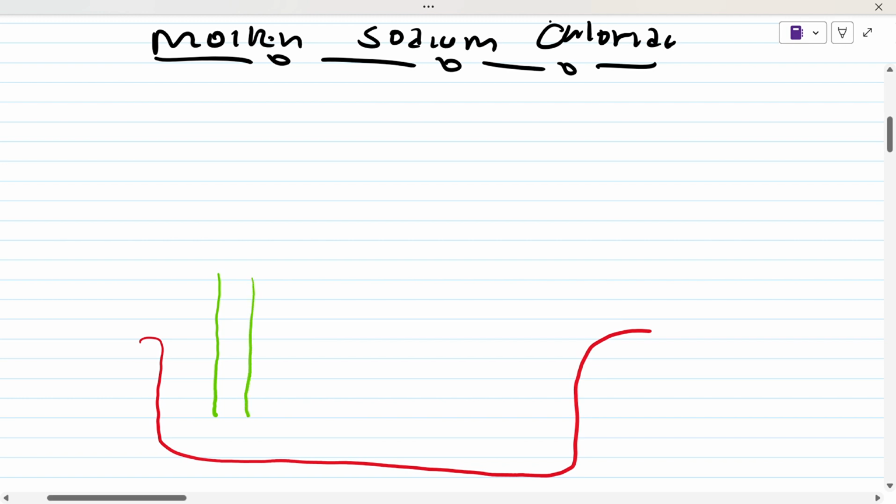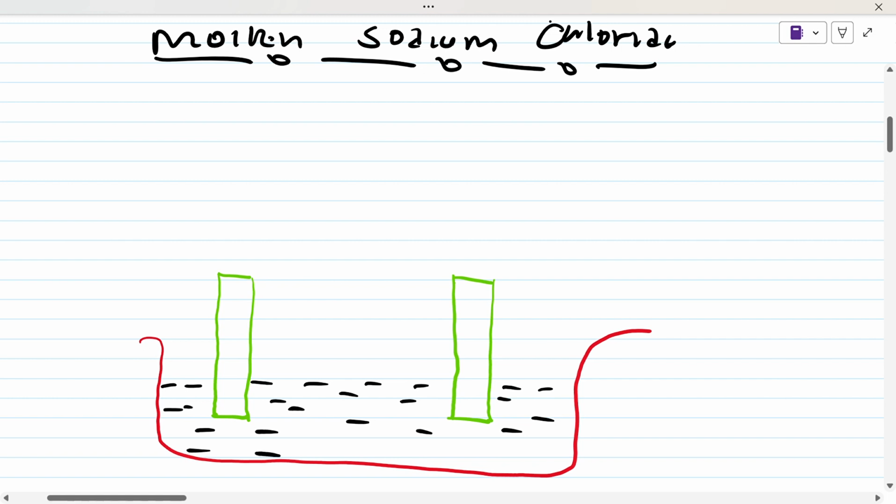I said they can either be platinum wire or carbon electrodes, majorly graphite. And into that, I also need the solution upon which electricity is going to flow. Not really solution, but molten form of sodium chloride.